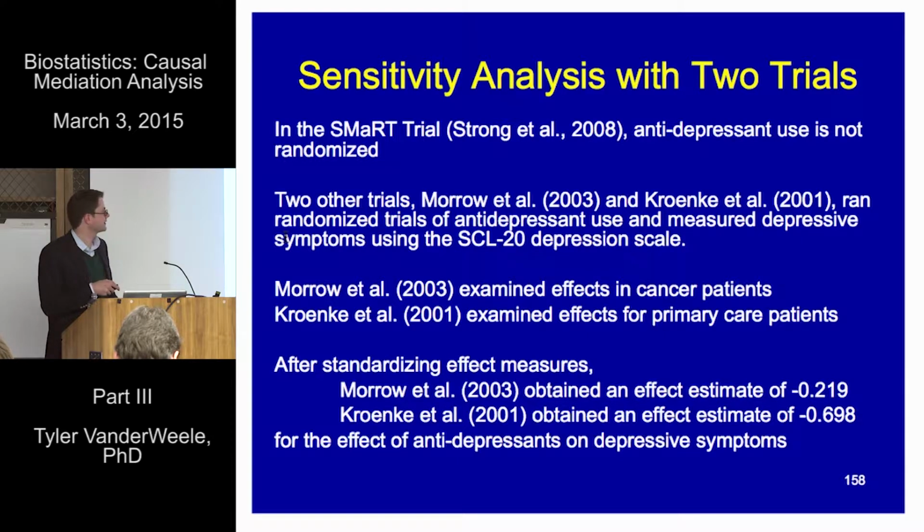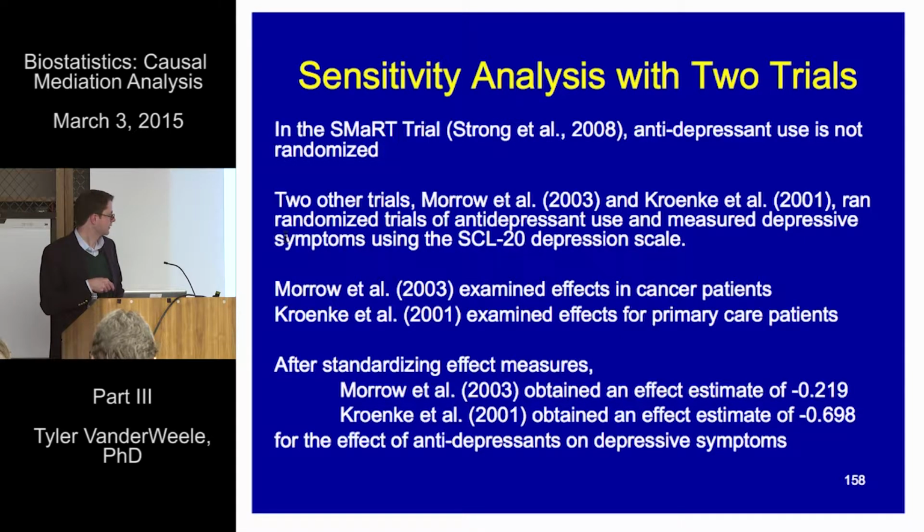The Morrow et al. study looked at the effect of antidepressant use amongst cancer patients. The Cronky et al. study looked at the effect in primary care patients. After standardizing the measures, the effect size in the Morrow et al. study amongst cancer patients was relatively small, just a fifth of a standard deviation reduction in depressive symptoms.